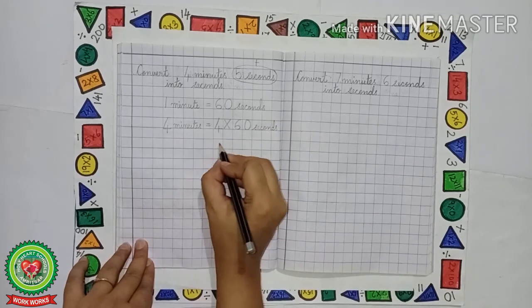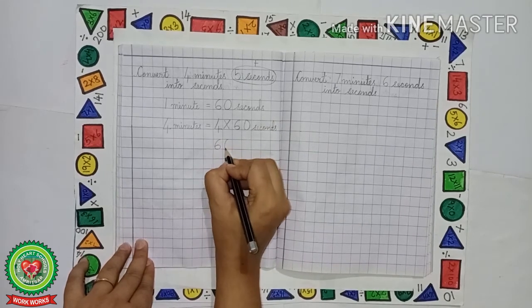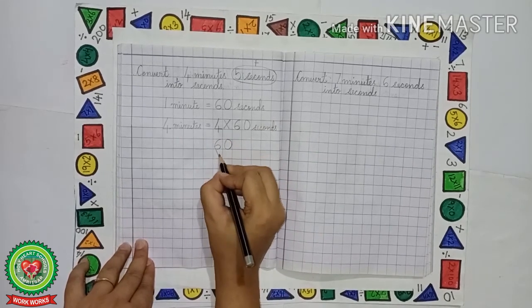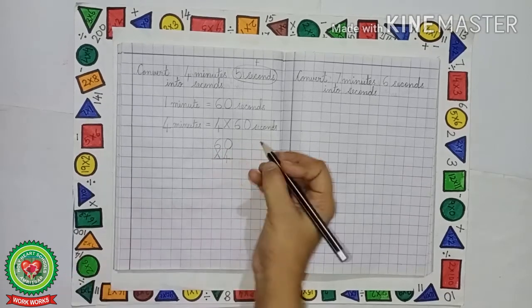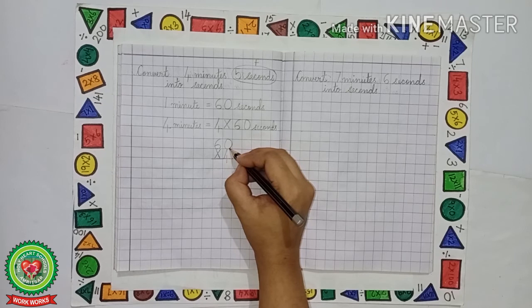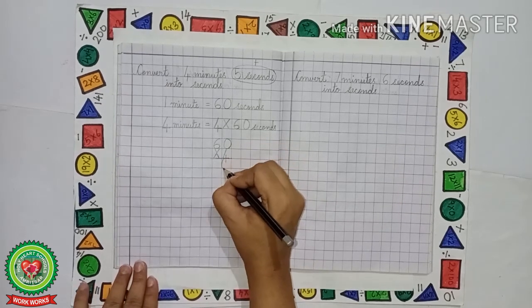Let us multiply 60 multiplied by 4. So, 4 zeros are 0. So, we will write over here 0.